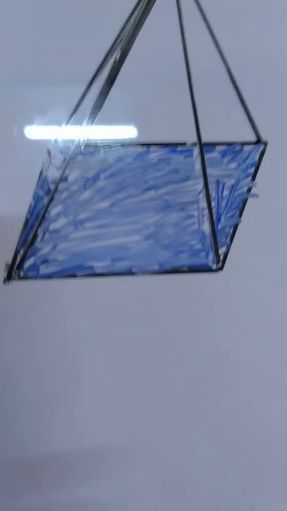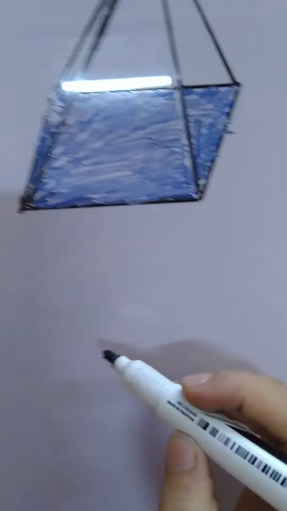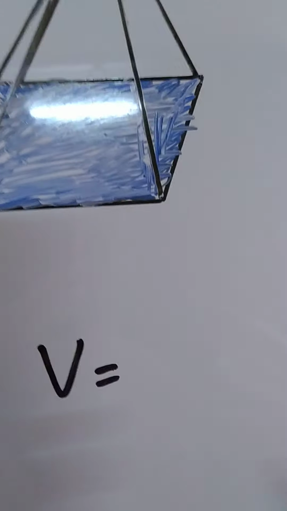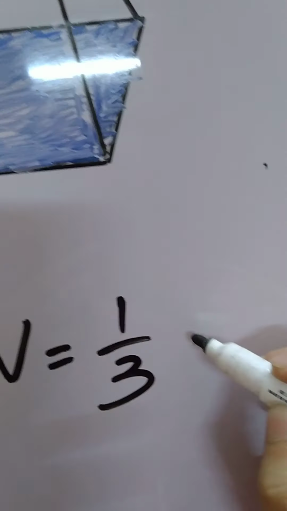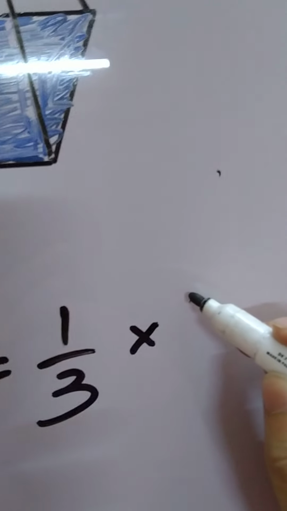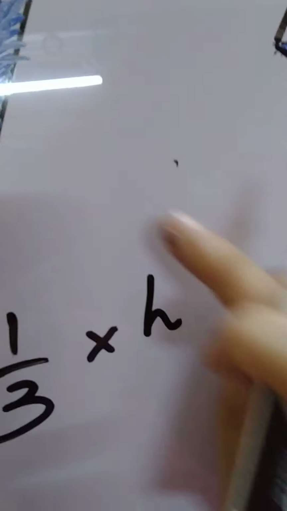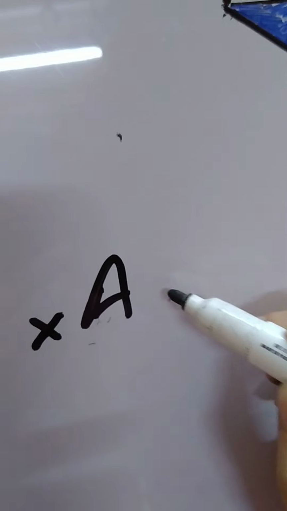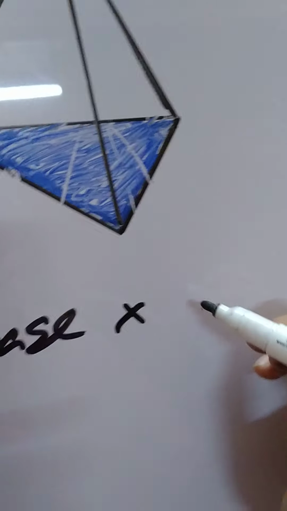Okay. So now as we know, the volume of a pyramid is dependent on its polygonal base and height. So 1/3 multiplied by area of polygonal base multiplied by height of pyramid.